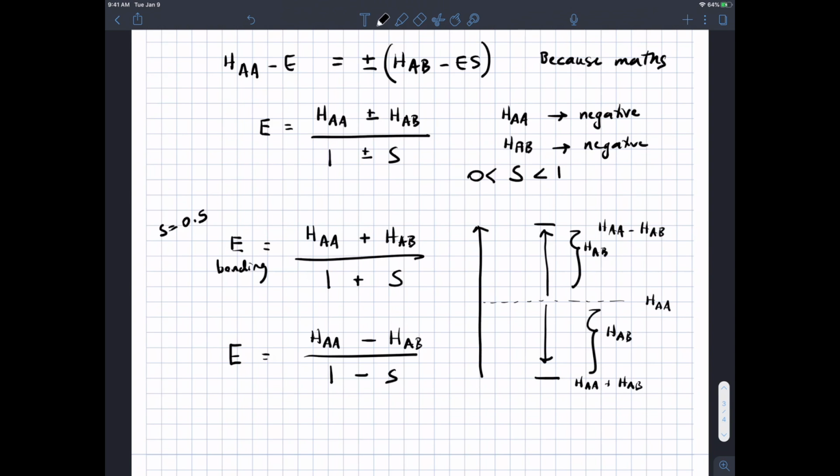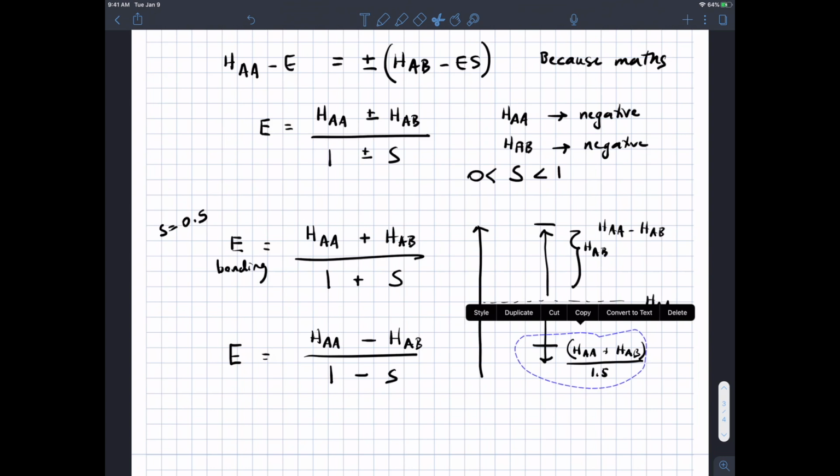So now instead of going down by a full increment of HAB, we're going down by less than that. Okay? So the effect of having a non-zero S will be to attenuate or decrease this stabilization energy, right?